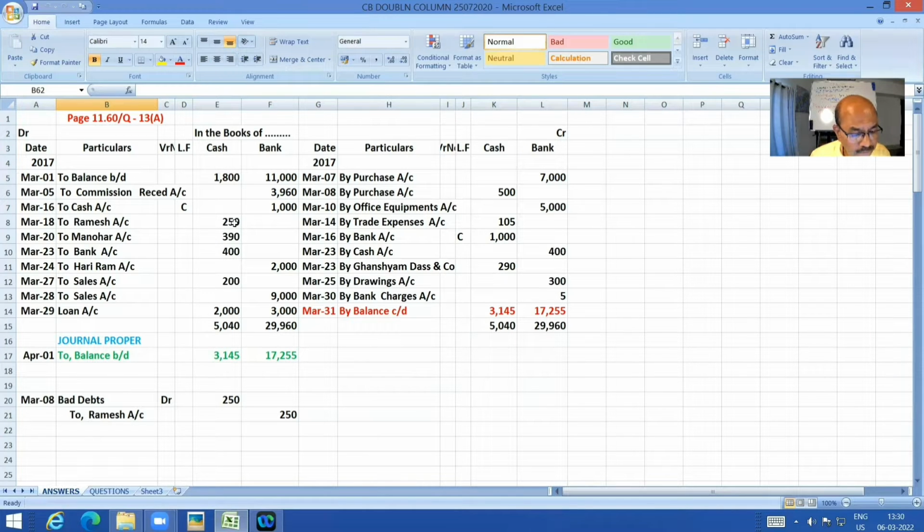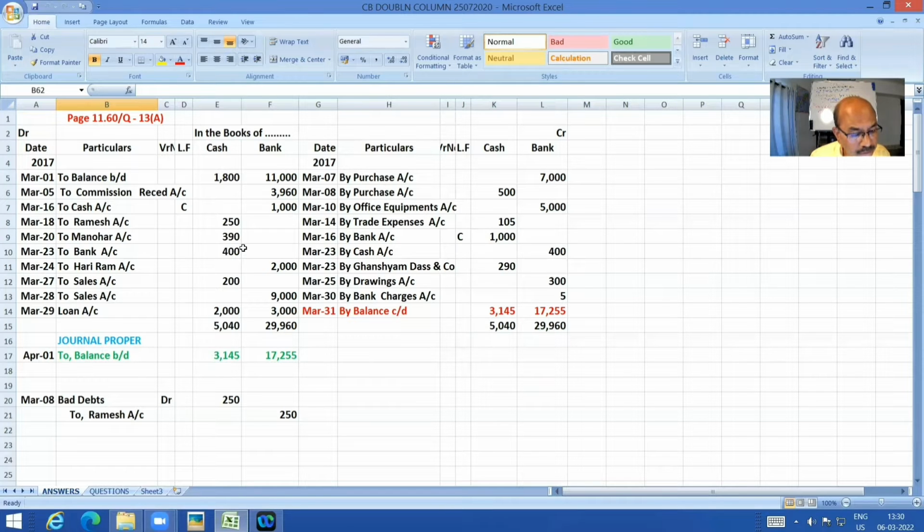Received rupees 400 from Manohar and allowed him discount 10. To Manohar 390, discount 10. Now you may ask, why not 410? We have been told received rupees 400, and they have not said after allowing discount.